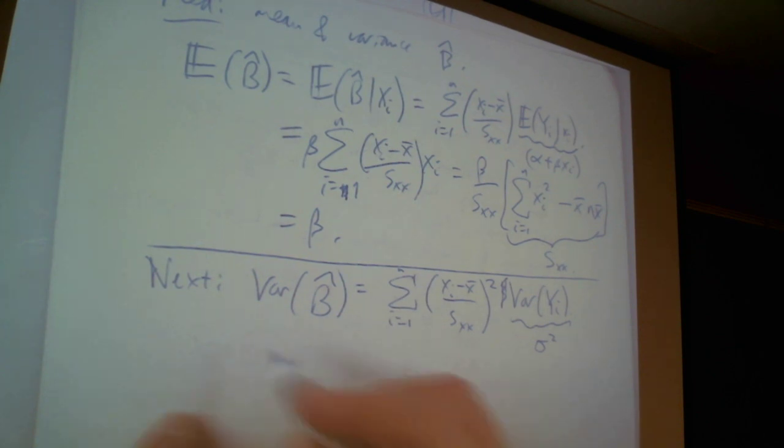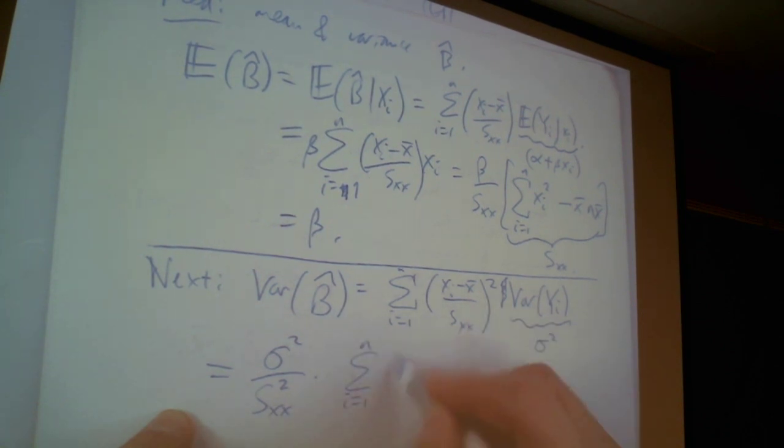Now let's mess with this a little bit. Let's try to simplify. So I get a sigma squared, there's this sxx squared in the denominator, and then I get a sum as i goes from 1 to n of xi minus x bar squared.